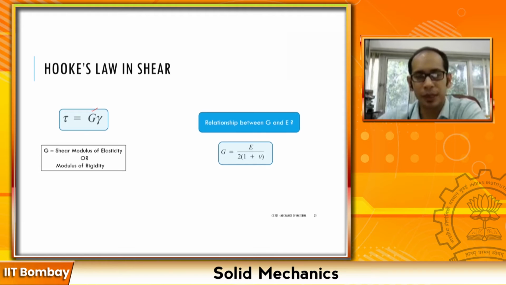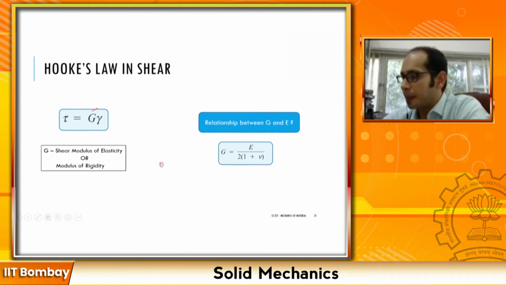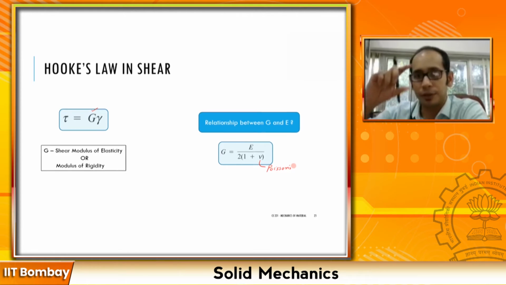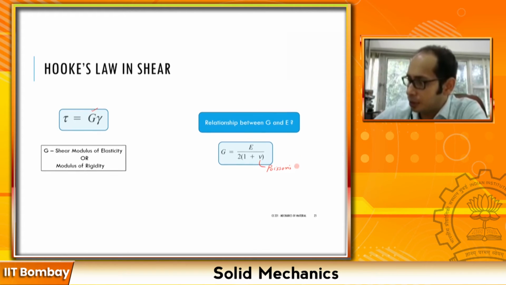The relationship between the modulus of rigidity and the Young's modulus is G equals E by 2 times (1 plus nu). Remember what nu was? Nu was the Poisson's ratio. What is Poisson's ratio? It is the ratio of the lateral strain to the axial strain.